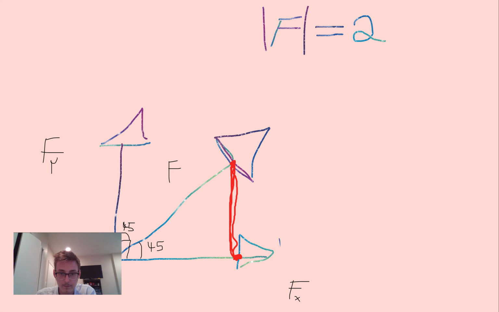So from here, we can use our trigonometric identities, or SOHCAHTOA is a commonly used term, to find the components of this vector.